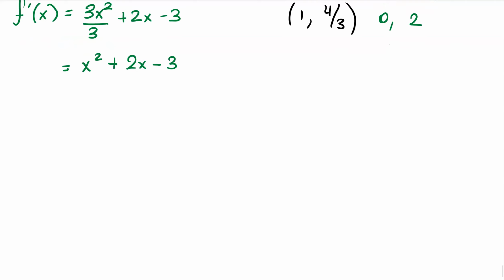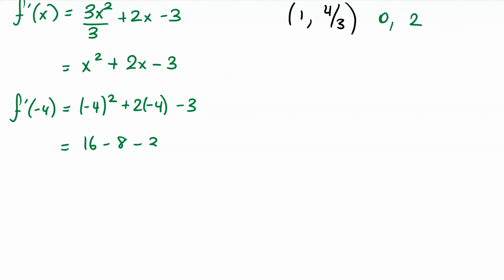So if I substitute in -4 for x, I get -4 squared plus 2 times -4 minus 3. We get positive 16 minus 8 minus 3.